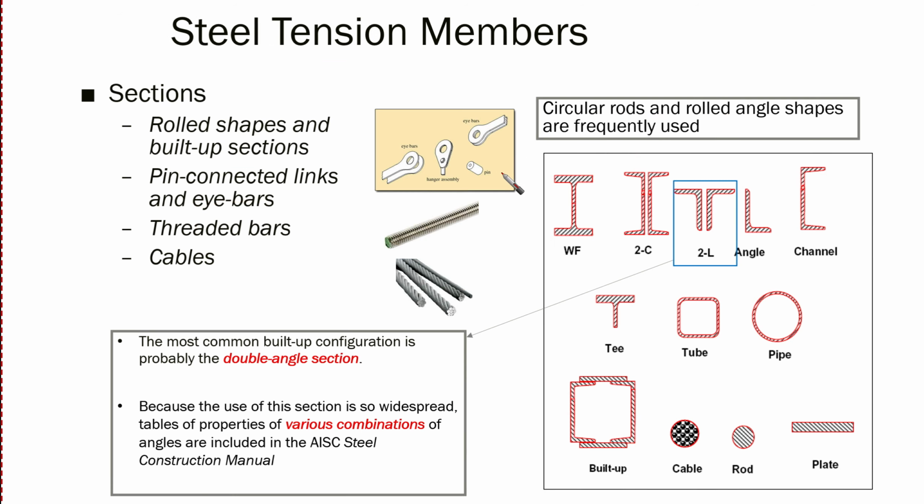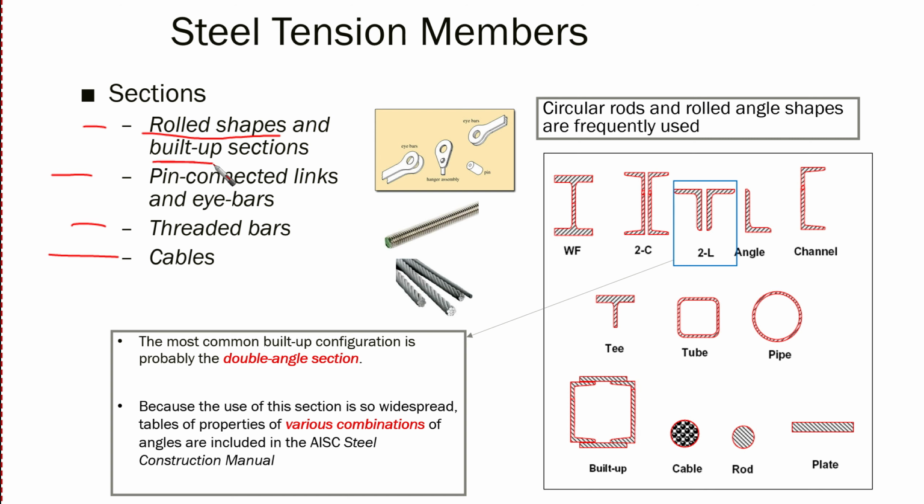Okay. Now let's go to the cross sections of steel tension members. In general, we have different types of sections. We have rolled shapes. As we have discussed before, we have hot rolled shapes like wide flange, standard S shapes, pipes, tubes, T's, channels, angles, and built up sections.